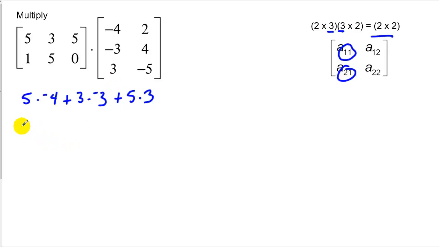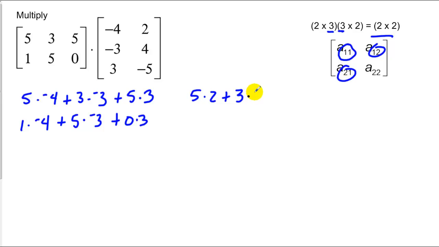So 1 times negative 4 plus 5 times negative 3 plus 0 times 3. Next, I'll move to my first row, second column. So here's my first row, second column. We'll dot those. That's 5 times 2 plus 3 times 4 and 5 times negative 5.